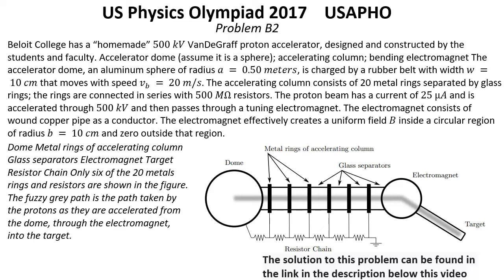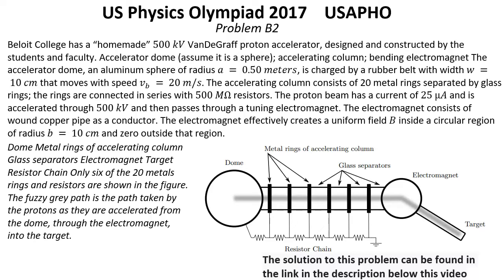The electromagnet effectively creates a uniform field B inside a circular region of radius b equal 10 centimeters and 0 outside that region. On the figure, only 6 of the 20 metal rings and resistors are shown.